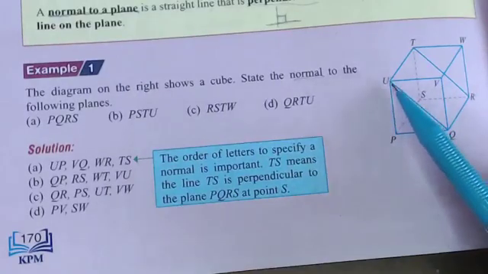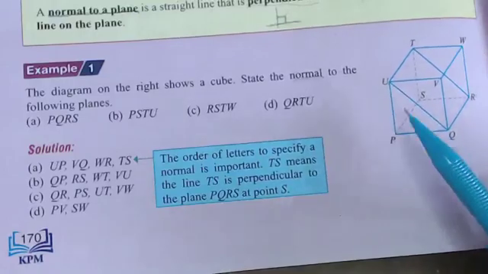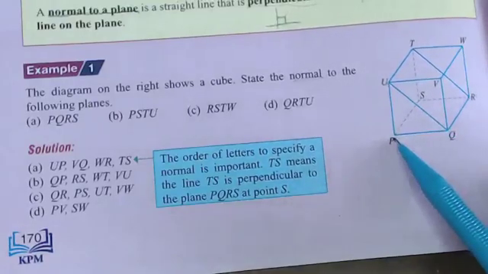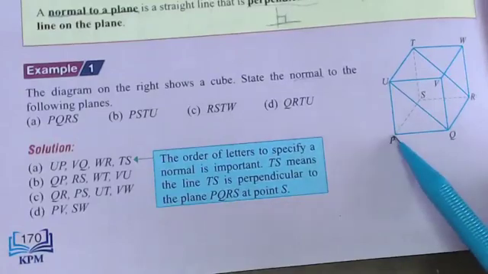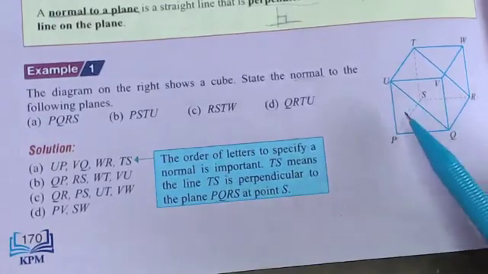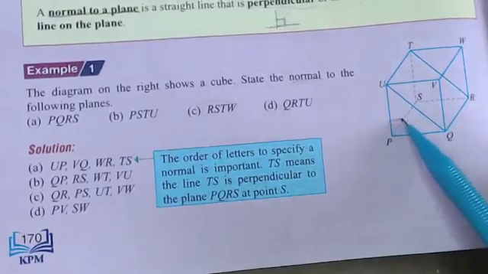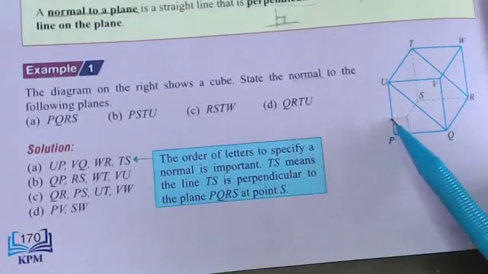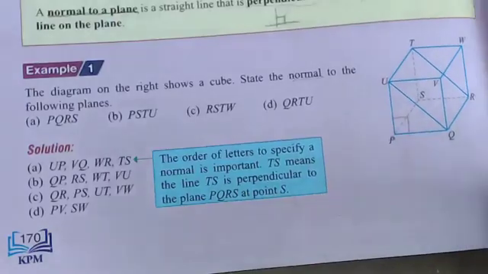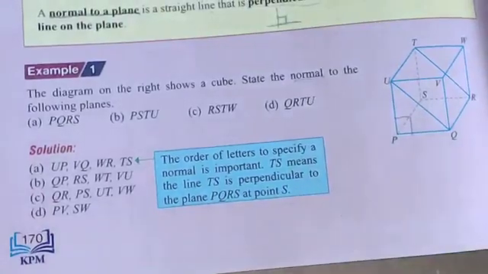Example, the line UP is a normal to this plane, PQRS. Why? Because between line UP and this plane is 90 degree, a right angle, perpendicular. You got the idea?